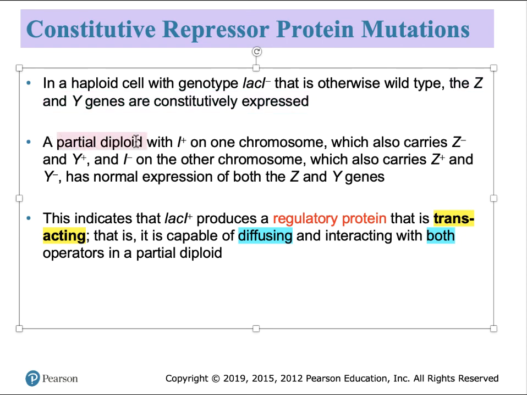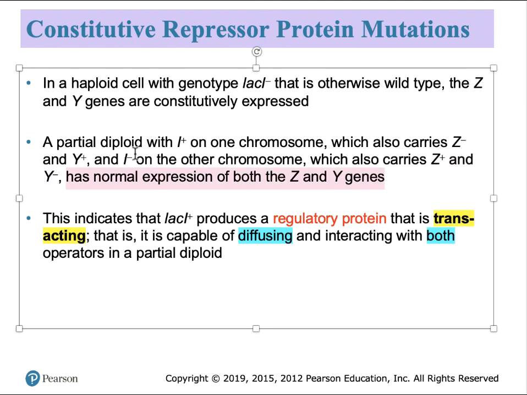In a partial diploid, if you have the Lac-I gene on one chromosome, and that carries the Lac-Z plus in this configuration with the Z minus and the Y plus, and on the other chromosome, you have the mutated Lac-I gene, and that one carries the converse relationship between Z and Y. What would be the result? Well, you will get normal expression of both genes. Why?